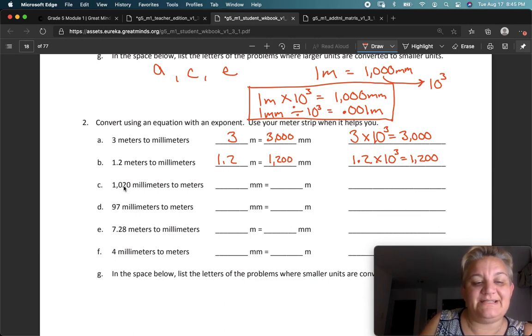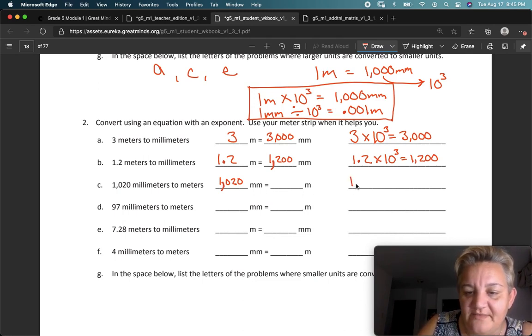Now, 1,020 millimeters to meters. Be careful, these are commas, and this is a decimal point. Don't confuse them, especially in English, okay?